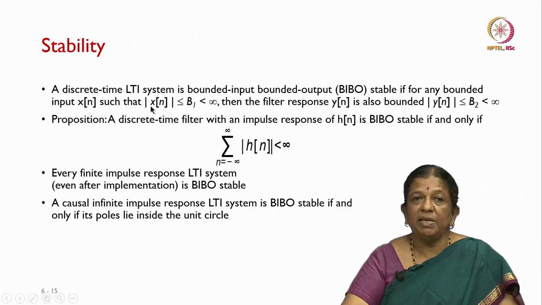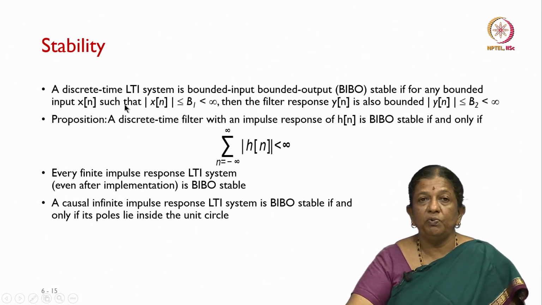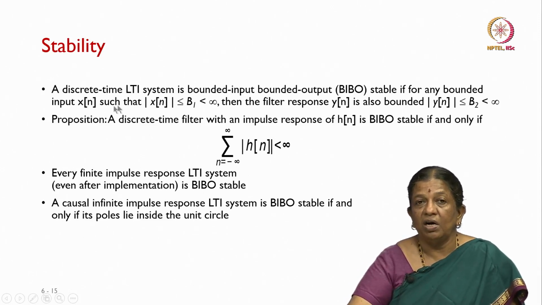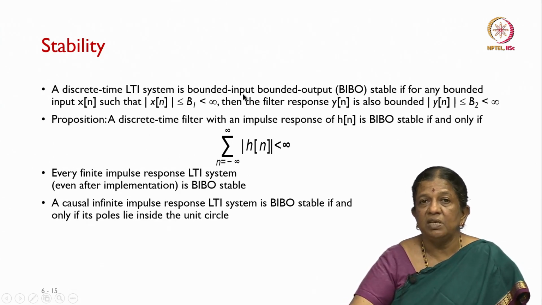Now comes the stability, because we are more worried with respect to stability. So, we will see that our linear time invariant system is what we say is bounded input, bounded output, BIBO stable, what we call it.